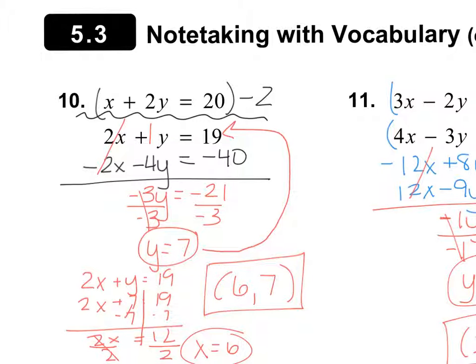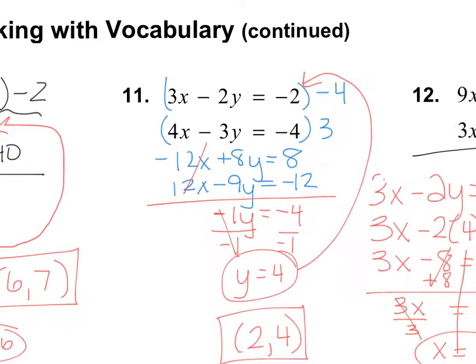In this case, we had to multiply it by a negative 2. In example 11, we had to multiply both equations because I couldn't make a 3 into a 4, and I couldn't make a 4 into a 3, or a 2 into a 3, or a 3 into a 2. So I had to multiply both equations, and you just use the numbers that are already in the equation to help you. Multiply the first one by a negative 4, because we had to change the sign, and then the other one by the 3. We just use those numbers to help us figure out what number we're supposed to multiply by.